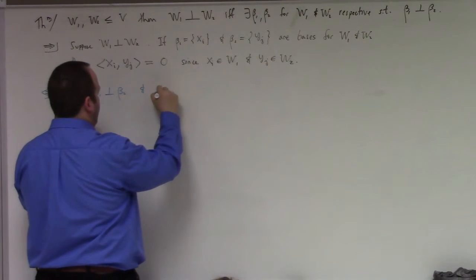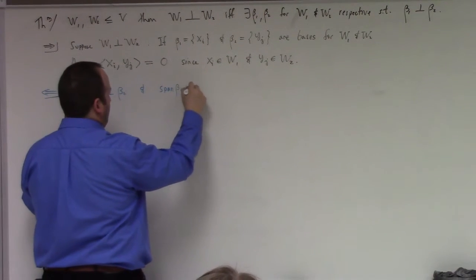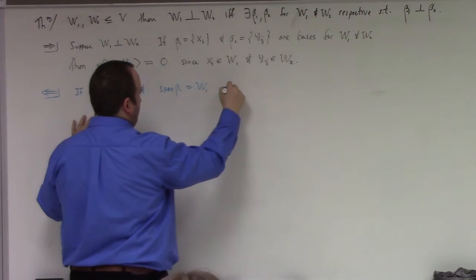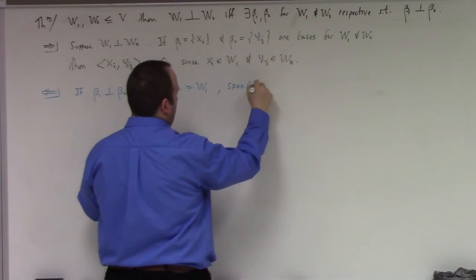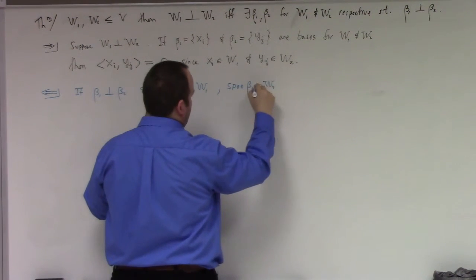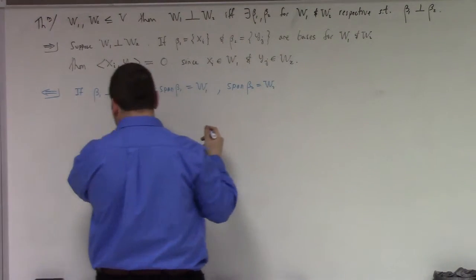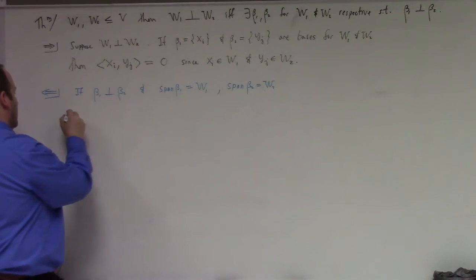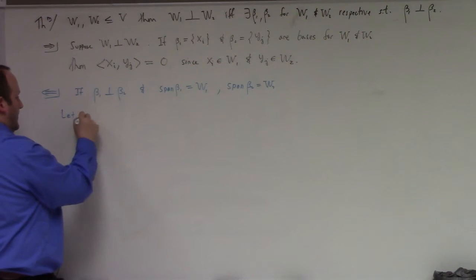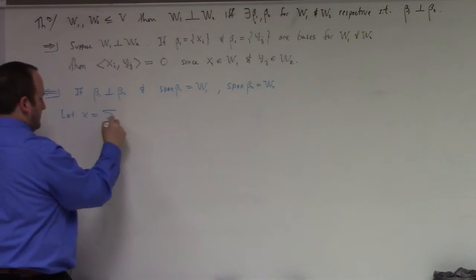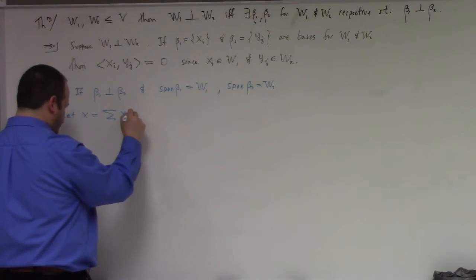And the span of beta 1 equals W1, and the span of beta 2 equals W2, all right? So suppose they're bases in particular. Let x equal to, say, a sum of x_i v_i.